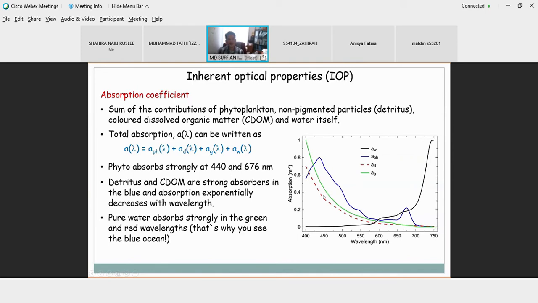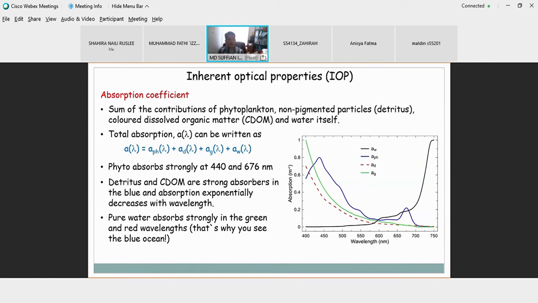So kalau katakan air tu little bit high CDOM, high suspended particulate matter and high phytoplankton, so you should expect that the reflectance in the blue is low. Seperti yang you buat exercise malam, you nampak dekat kawasan coastal area, low reflectance in the blue region. Because of what? Because of high absorption.